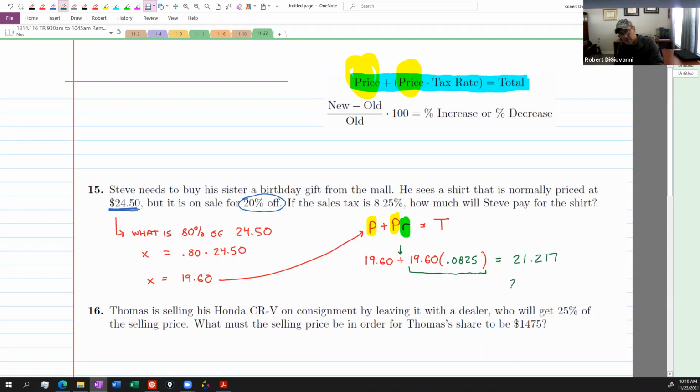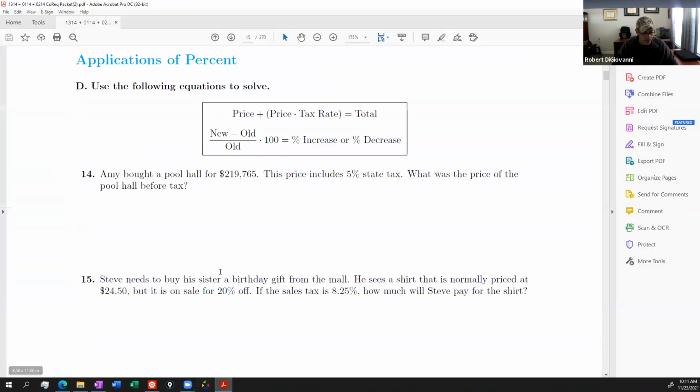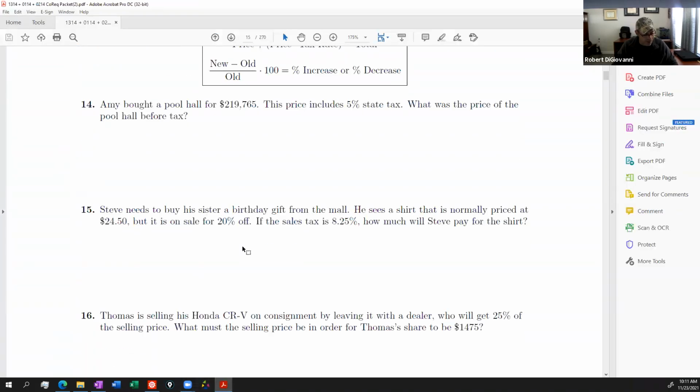I'm going to round that to 21.22. So about $21.22 would be the price. That all right? Questions? Okay, let's look at a different one.